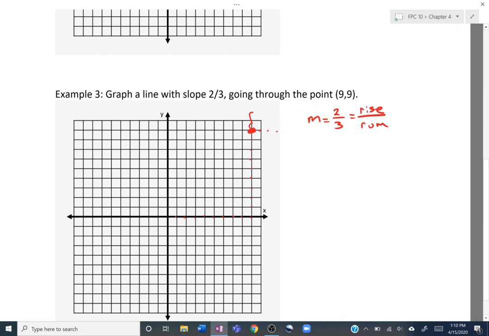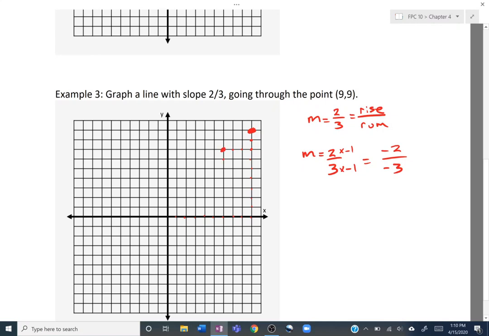So this slope isn't necessarily the most useful, but what I can do is the exact same thing as in my last example and multiply the top and the bottom by -1, and then I get -2 over -3. So now if I go back to my point 9, 9, -2 for my rise means I go down 2, 1, 2, and then -3 means I go left 3, 1, 2, 3.